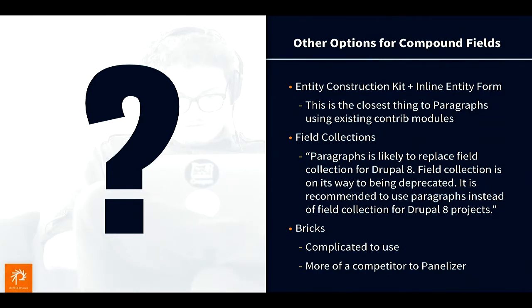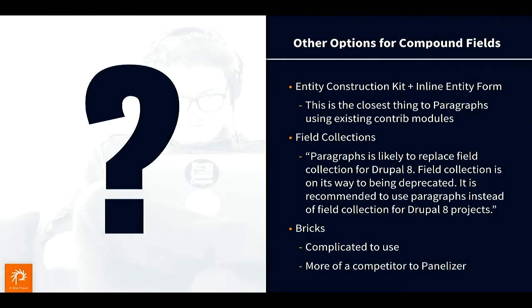Field collections is another module that's been around for a really long time. It actually predates paragraphs in Drupal 7, but in Drupal 8, it's been conceding the victory to paragraphs. Bricks is another module that is worth mentioning because there's always the potential that in years' time, it could be a really valuable module.